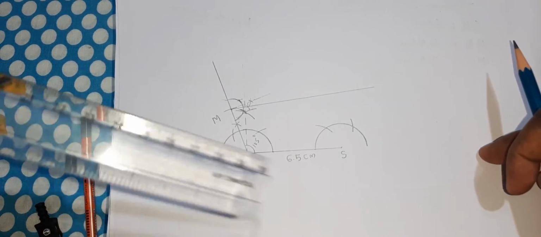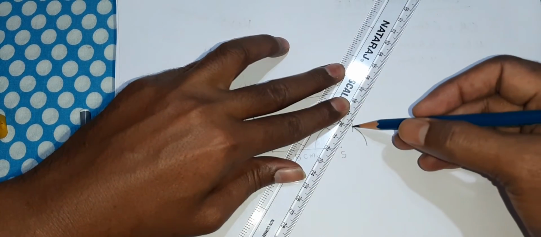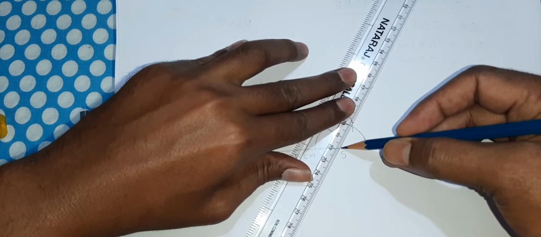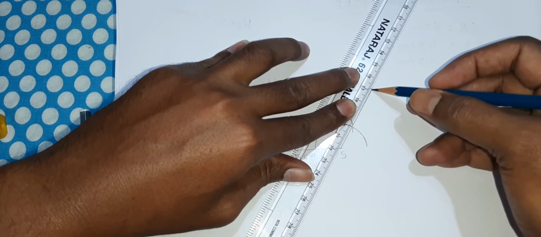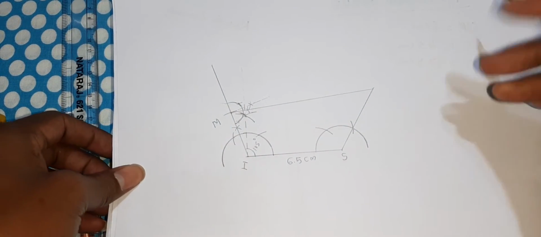Right? So now here we constructed 120 degrees at S. So this is 120 degrees. Okay, from S you can draw the line through 120 degrees. You will get T here. This is the point.